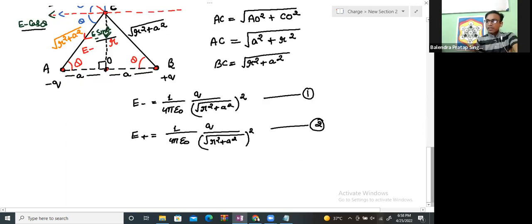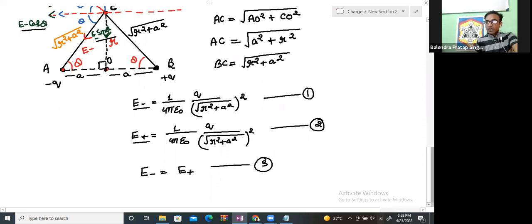So here you can see that the magnitudes of the electric fields E minus and E plus are equal. They are different in direction, but their magnitudes are equal. This is equation number 3. So we have two electric fields.